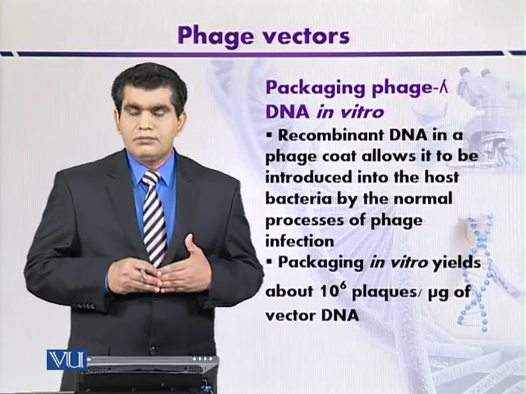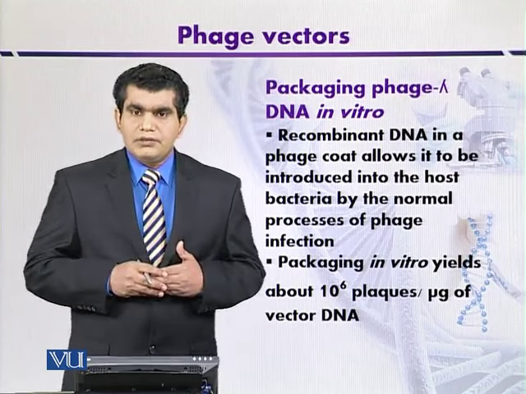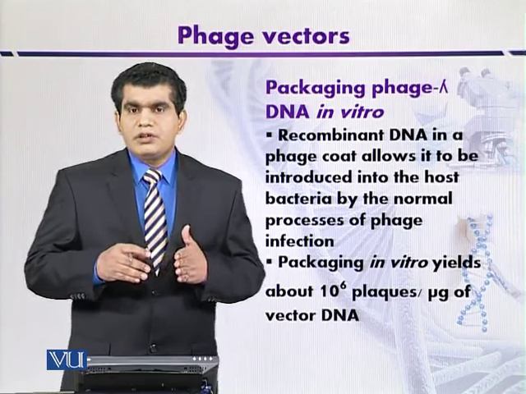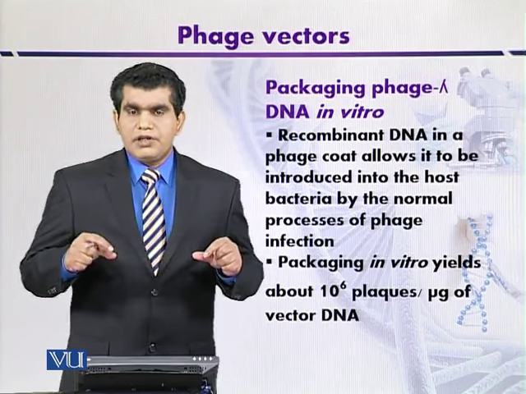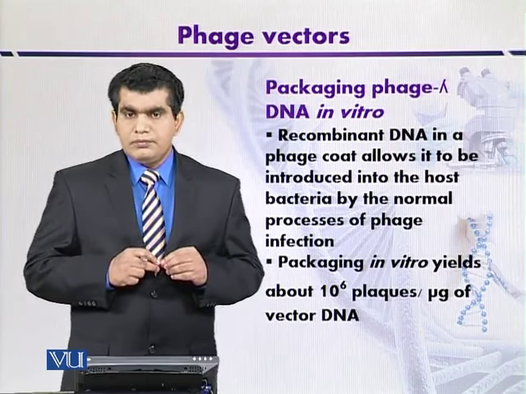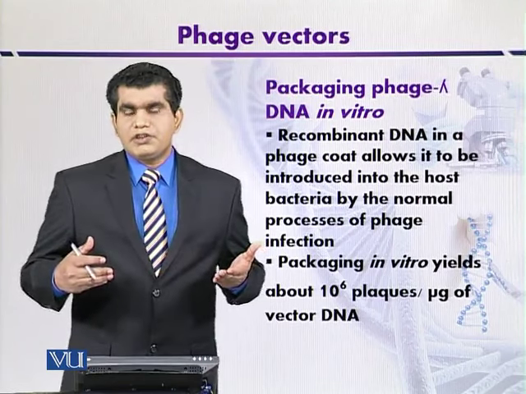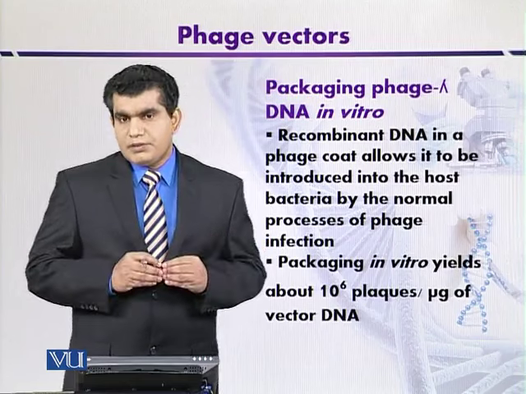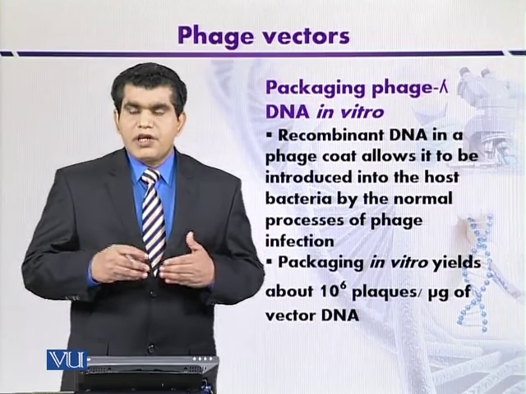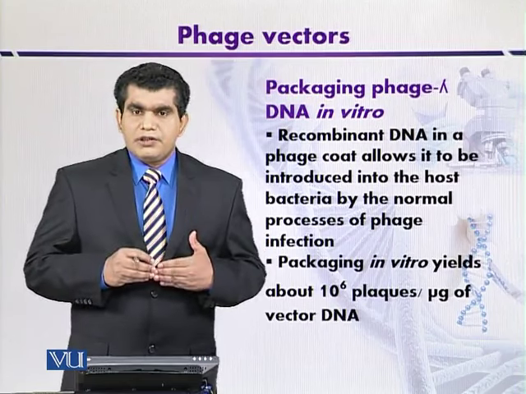On the other hand, if we use an optimum length of the recombinant DNA molecule, between 40,000 base pairs and 53,000 base pairs, then we can get viable phage particles.